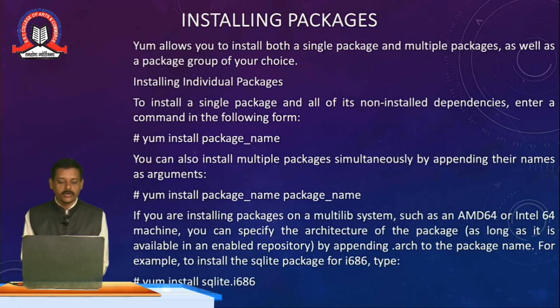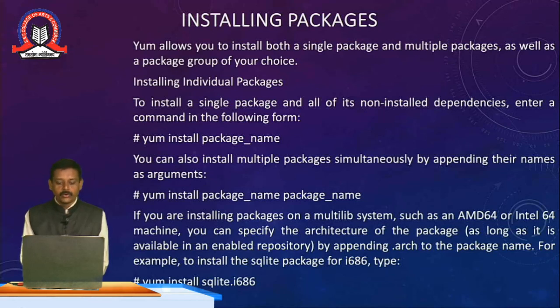For example, if we are going to install the DHCP package, we need the command yum followed by install, followed by the name of the package, that is dhcp.rpm, whatever the name of that RPM file is. Then it will start the installation of that particular single package.